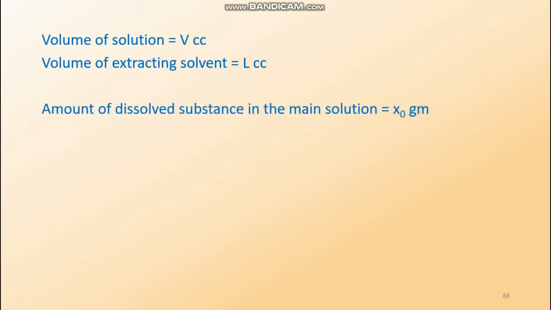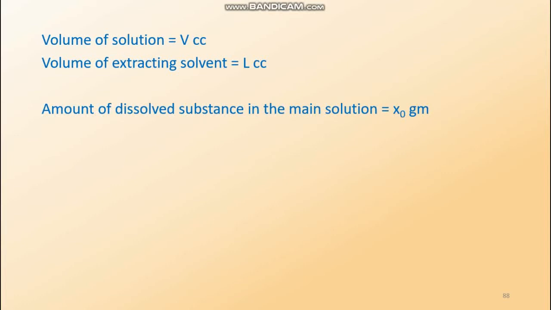Listen carefully to all the things. I will always take the reference of iodine, water, chloroform. Actually iodine is the solute, water is the main solution, and chloroform is the extracting solvent.